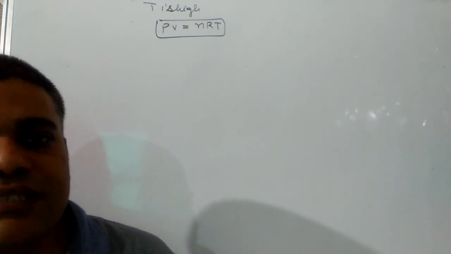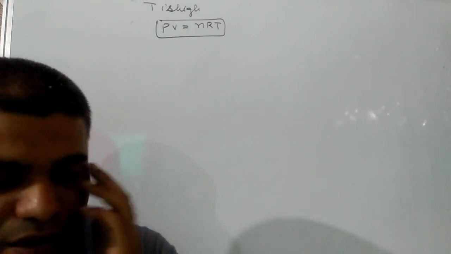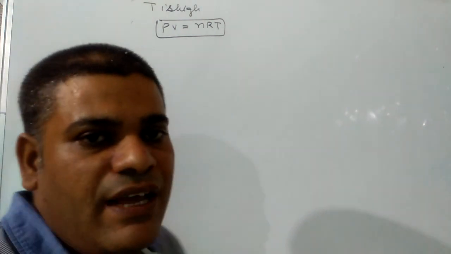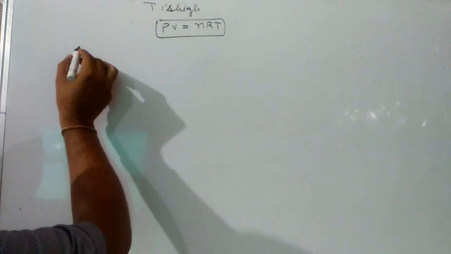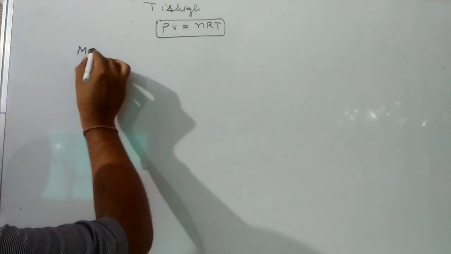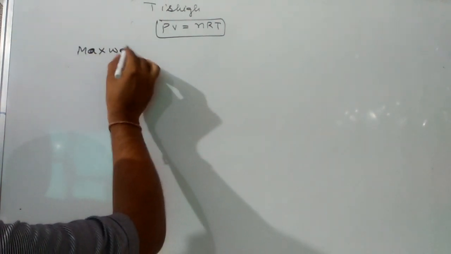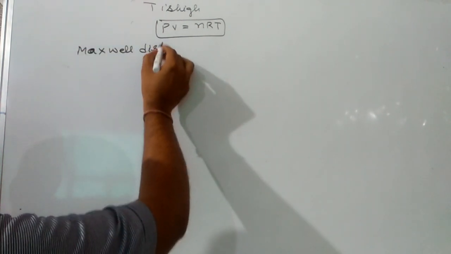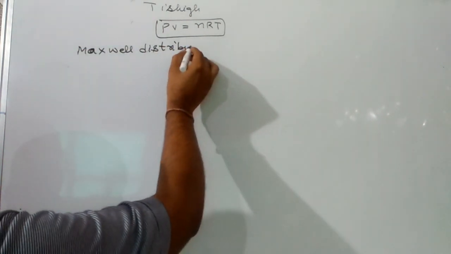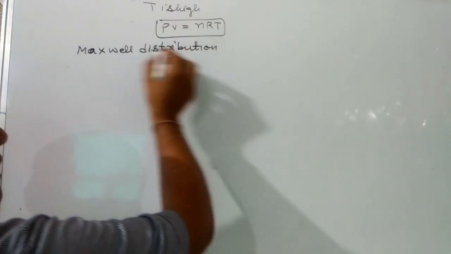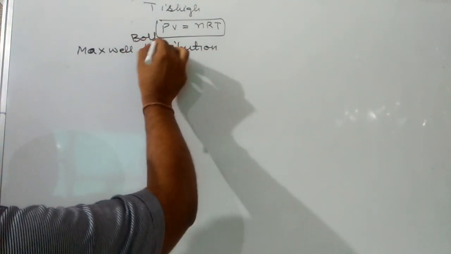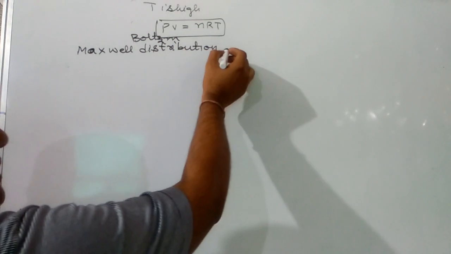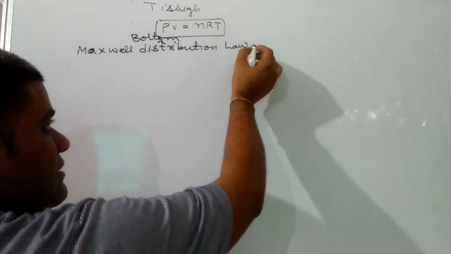Now we have to discuss one more important topic of this chapter, and that topic is the Maxwell-Boltzmann distribution law of velocities.